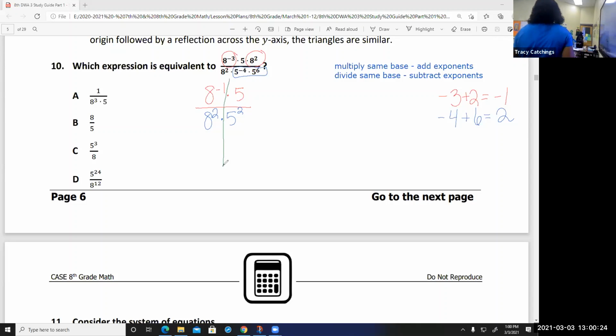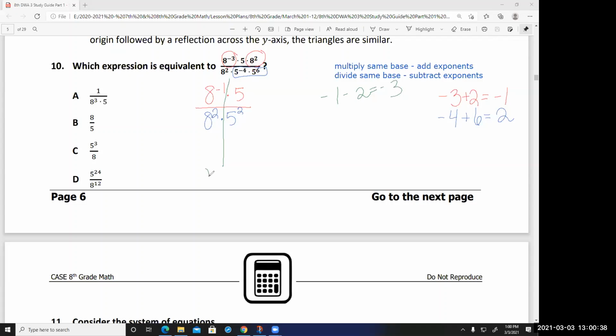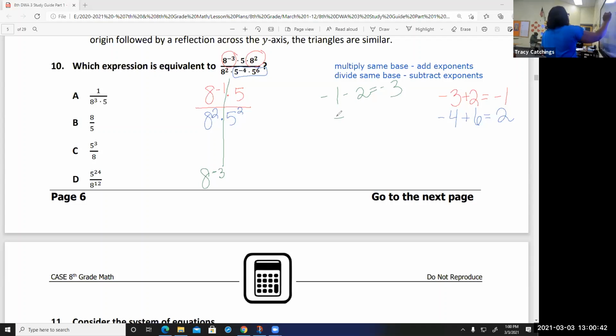So I'm going to separate it right there. So if I'm looking at my 8's first, we are now dividing, so we're going to subtract those exponents. Negative 1 minus 2. All right, so we got 8 to the negative 3rd. And then 5 to the 1 power minus 2.